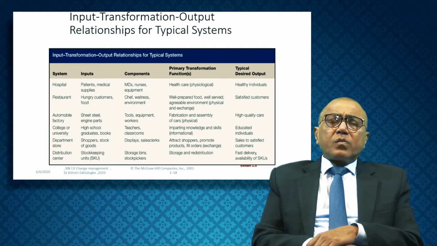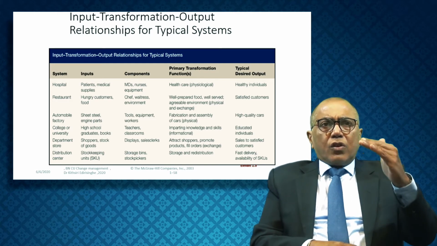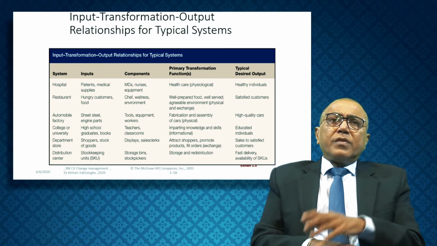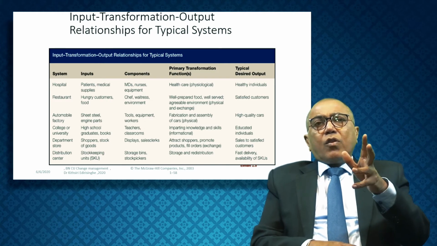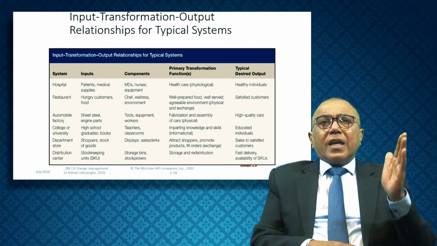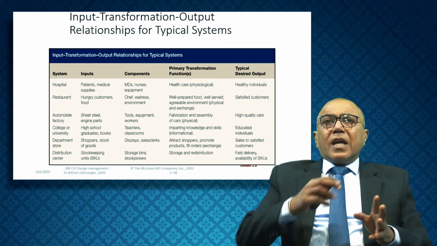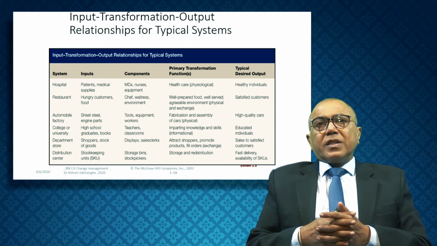Then, if you look at the transformation in different settings, hospitals, restaurants, all these things are there. In a hospital, we have patients and medical supplies as the input. Then we have components that resources need: doctors, nurses, and the equipment and the facilities, etc. And then the primary transformation function is healthcare.